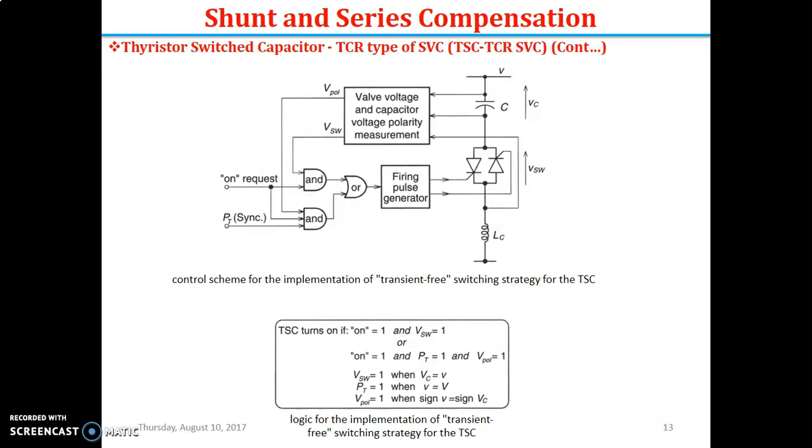So the thyristor voltage may be 0 when the capacitor residual voltage is less than the peak AC voltage.